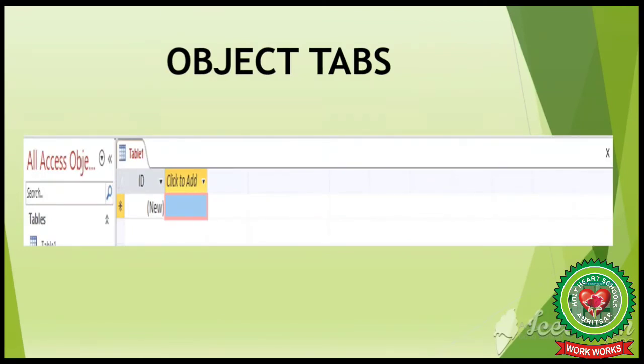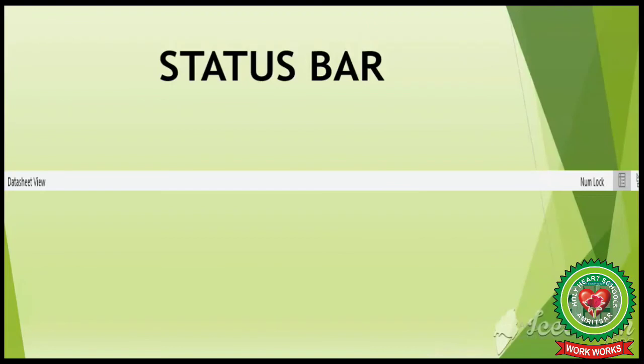Next is object tabs. The objects that you have opened in a database appear right above the work area in a tabbed form. Like here I have opened the Table 1 tab. So this is our object tab. Next component is status bar.